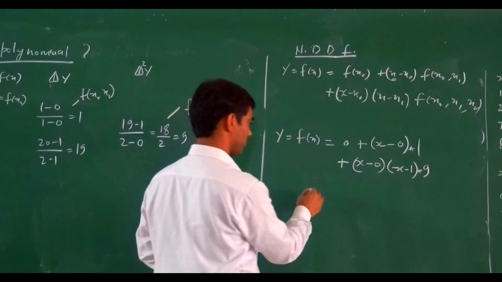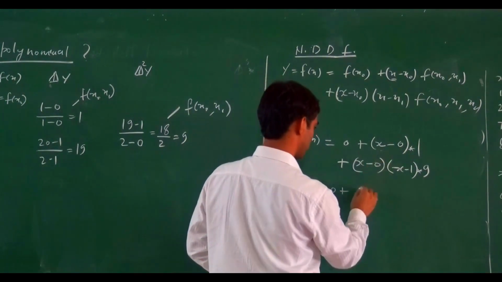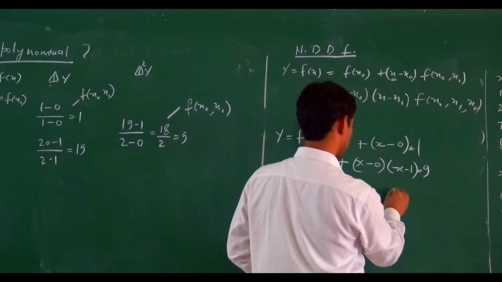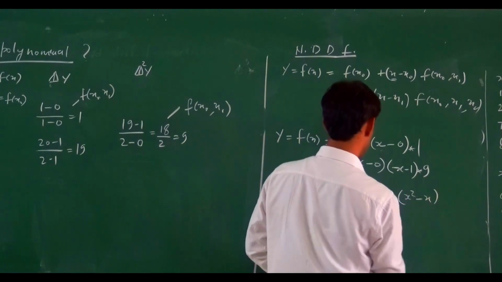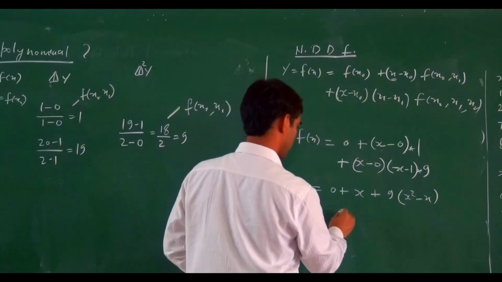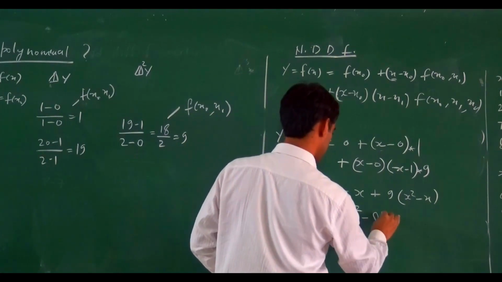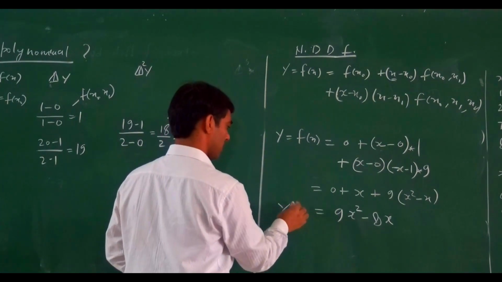So if we simplify, this becomes 0 plus x. And simplifying further, 9 into x square minus x. And if we simplify this, it becomes 9x square minus 8x.